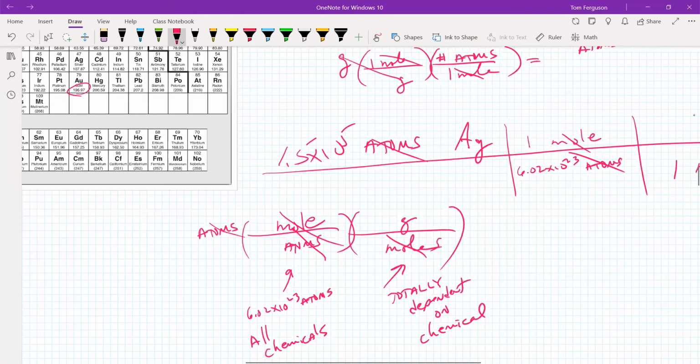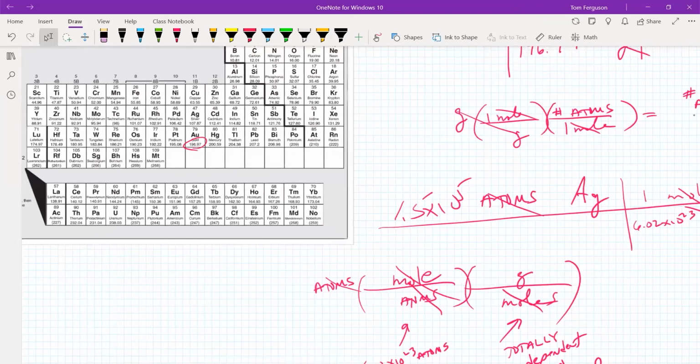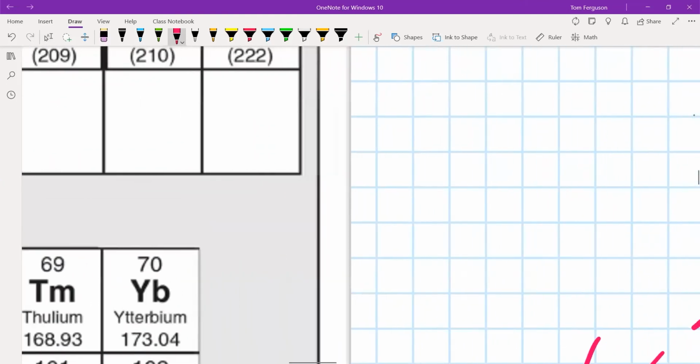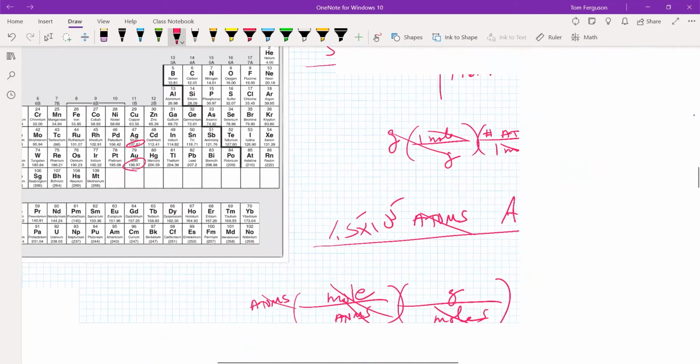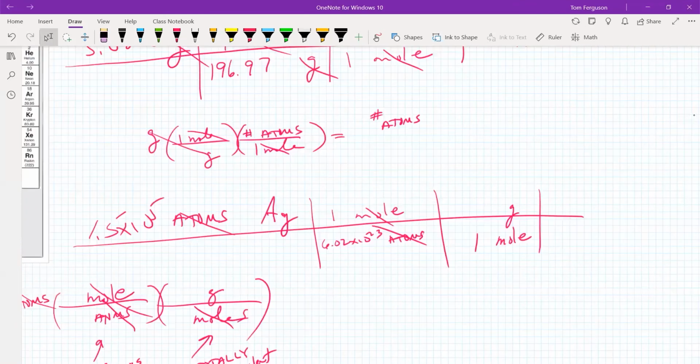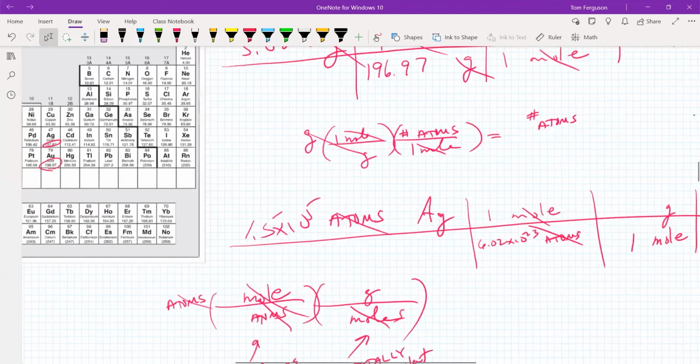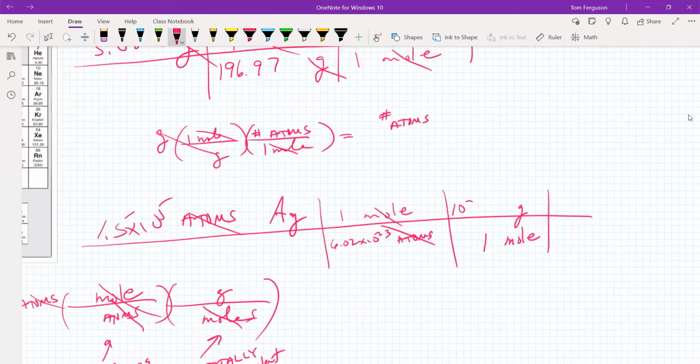We find that on the periodic table: 107.87 grams per mole. I forgot, 107.87. So 107.87 grams per mole. That gives us grams of silver.